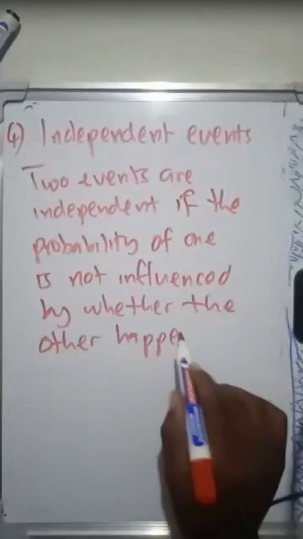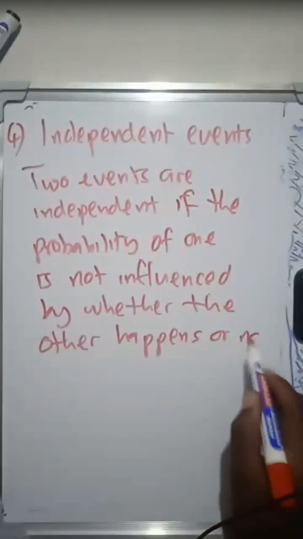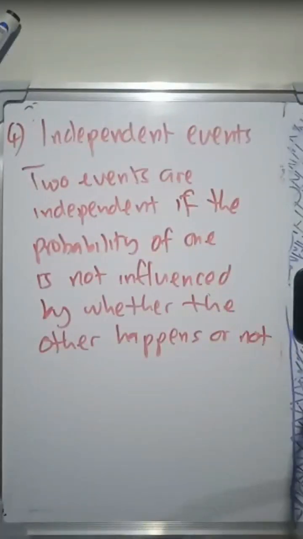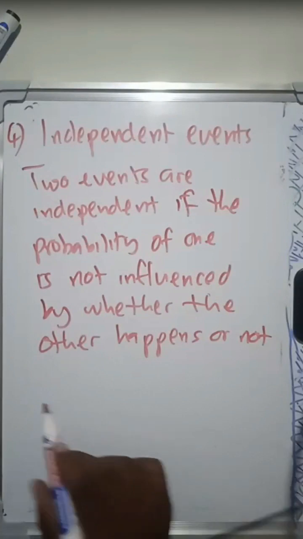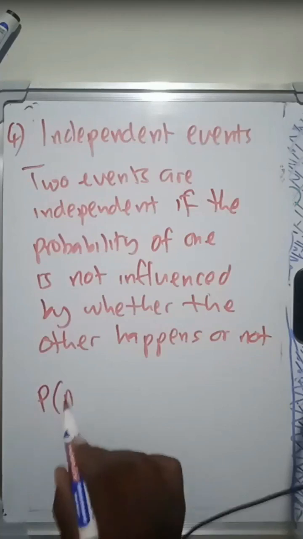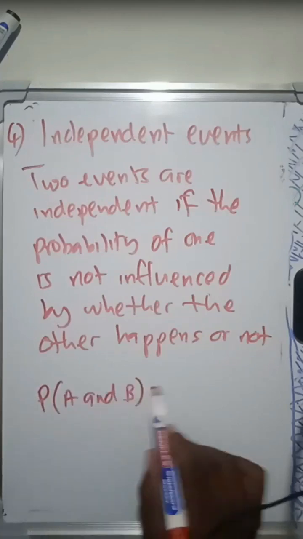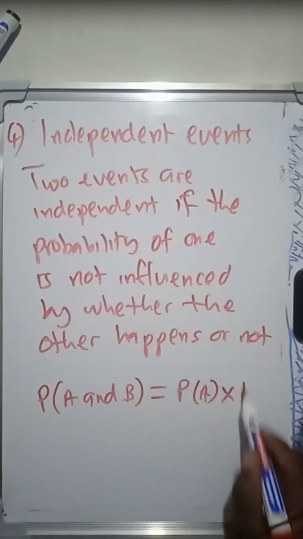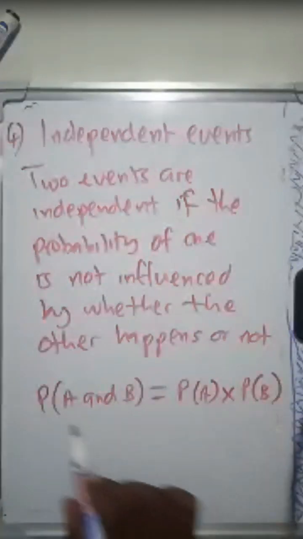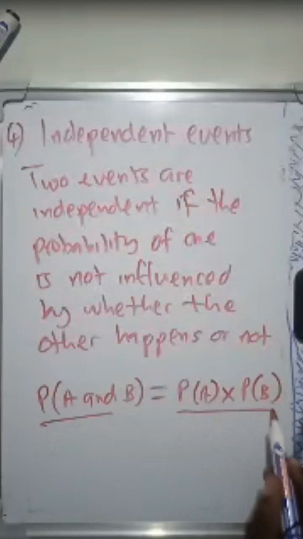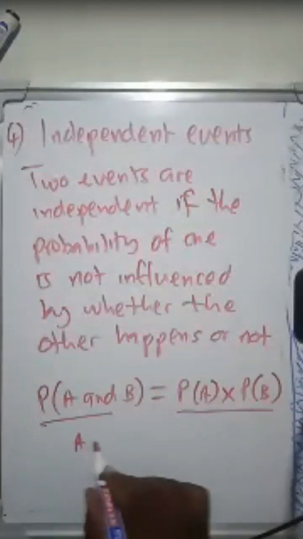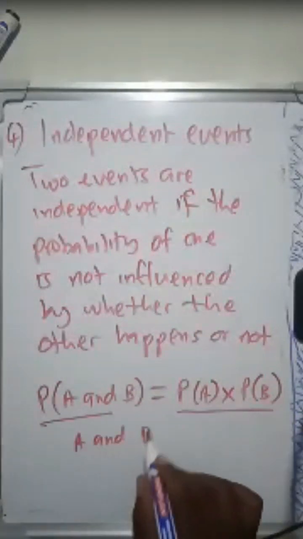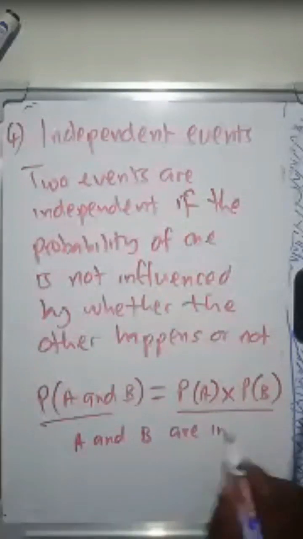Okay? And to check whether two events are independent, the probability of A and B should be equal to the probability of A times the probability of B. If this is equal to this, then A and B are independent.